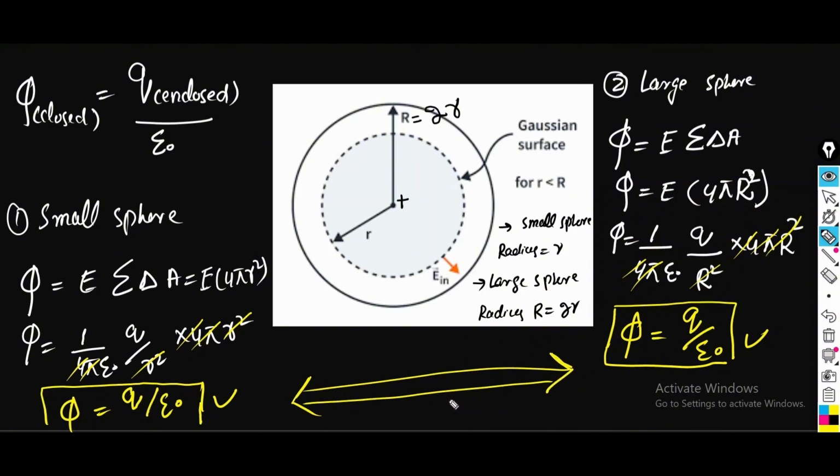Therefore, we can say that the Gauss law does not depend upon the size of the sphere, the size of the Gaussian surface.